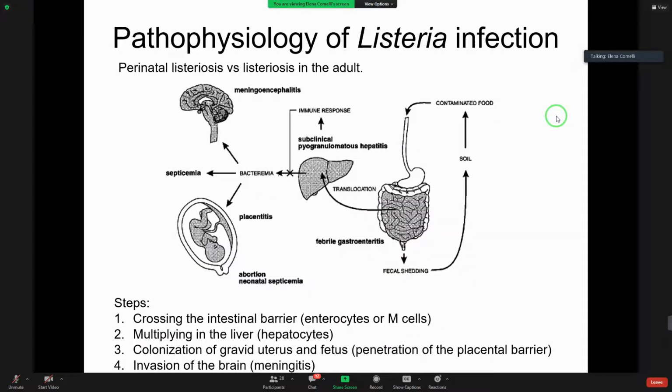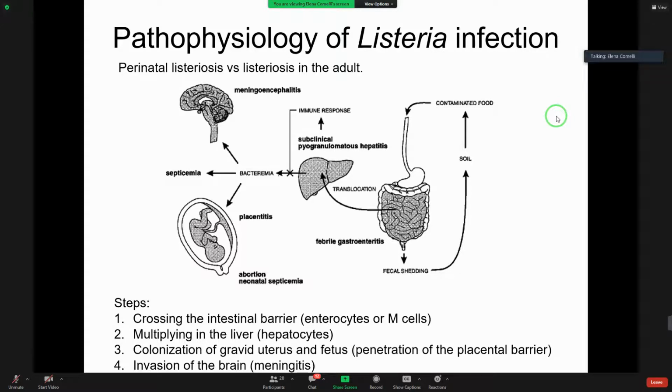How does it work in terms of the infection routes and pathophysiology of Listeria infection? Again, the bacterium has to gain access to the intestinal tract. It has to survive passage through the stomach and the more proximal region of the small intestine. It is still controversial whether it invades through the M cells or through the enterocytes, but intestinal translocation happens, and the bacterium gains access to the circulation.